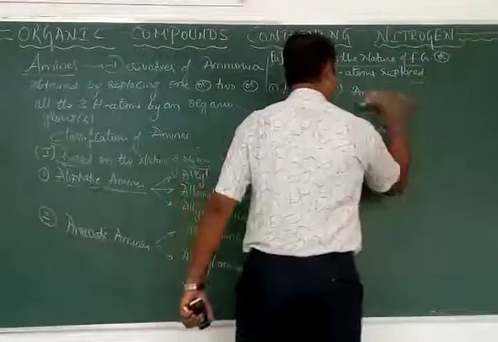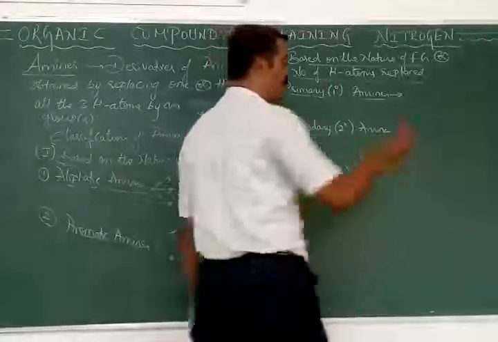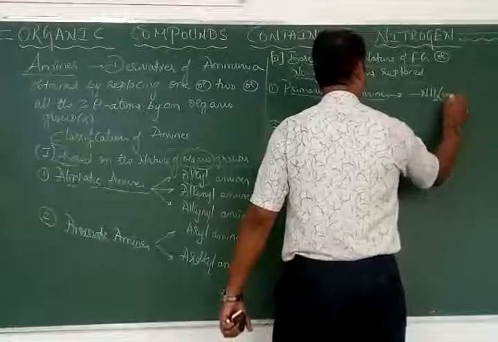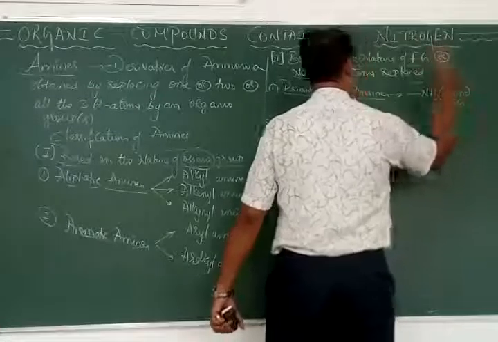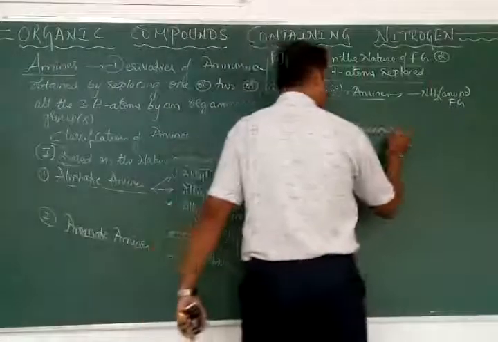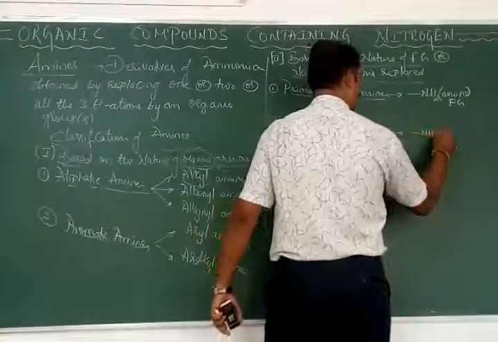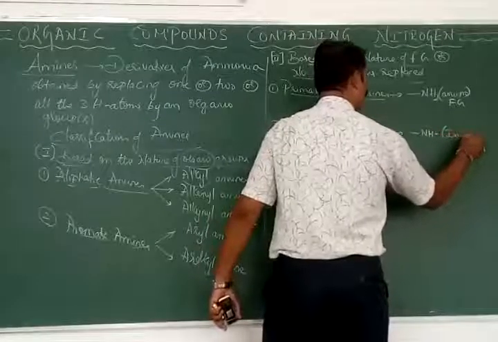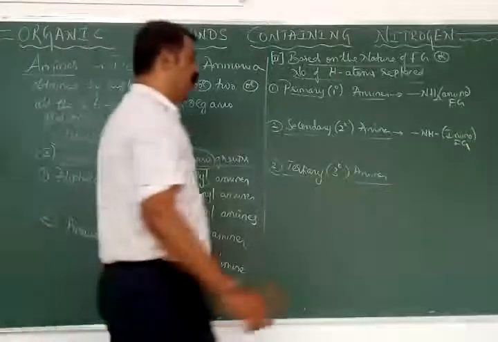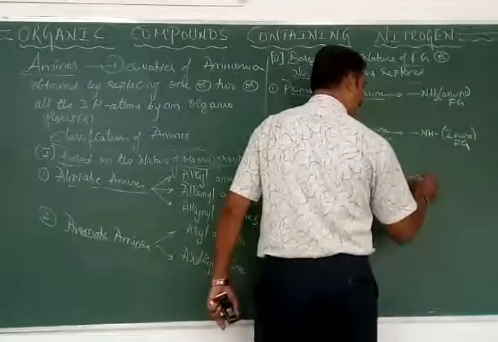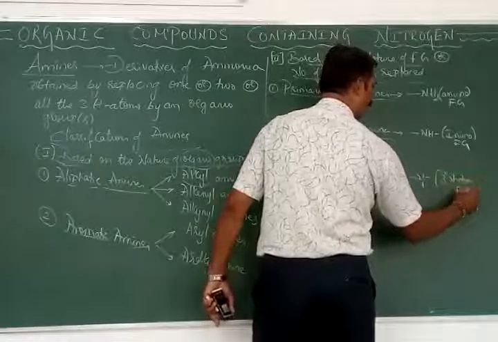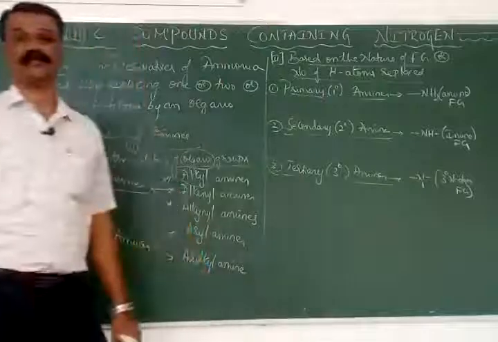The amines which are characterized by NH2, called amino, as the functional group are called primary amines. The amines characterized by the imino group as the functional group are called secondary amines. The amines characterized by a tertiary nitrogen atom as the functional group are called tertiary amines.